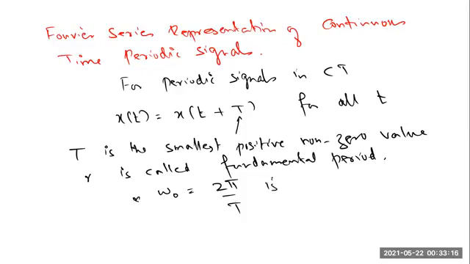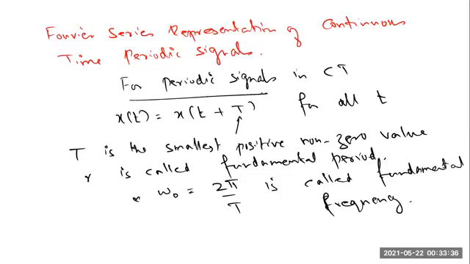And this omega naught is called the fundamental frequency. So this is the general definition for a periodic signal. But two common periodic signals that we have already covered in this course are the sinusoidal signal and the complex periodic exponential signal.